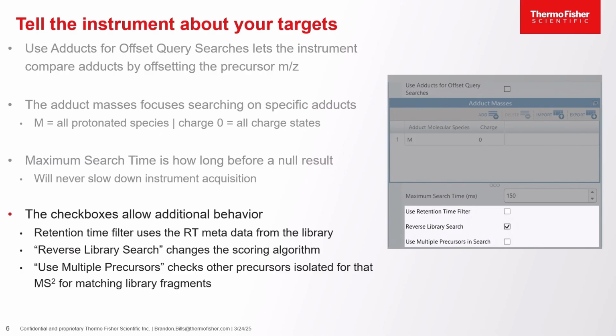At the bottom, we have use multiple precursors to check other precursors that were co-isolated in the MS1 isolation window, and consider all of those as valid comparisons in the library.